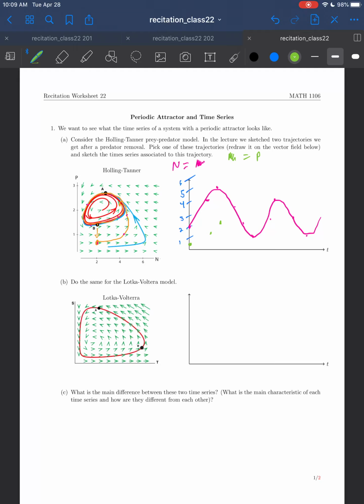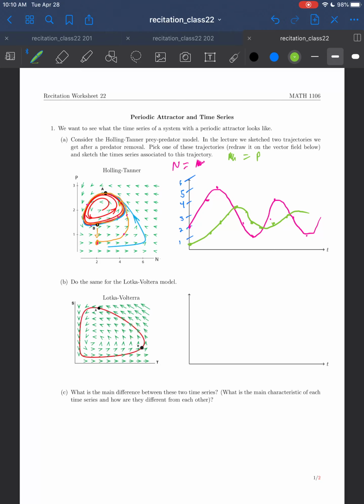And then predators are still increasing, but we end up probably around 3. So we probably cross right about here. And then we slowly decrease again, but we only really come down to just above 1 this time. And then we can keep going, so we end up with something like this. These aren't perfect, but we can see the pattern.